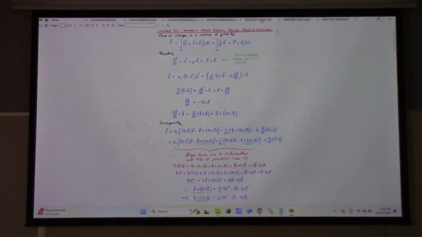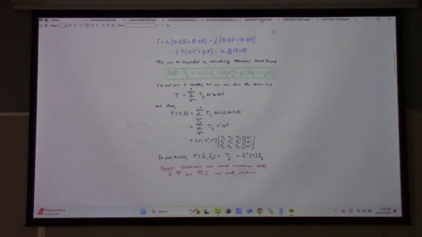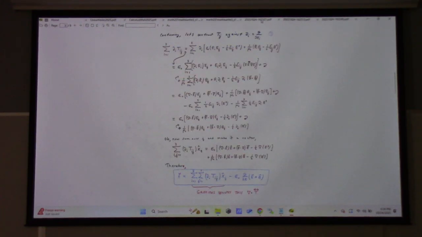So in lecture 25, we introduced this stress energy tensor, as you may recall. And we talked about how we can calculate the force per unit volume with it, right?